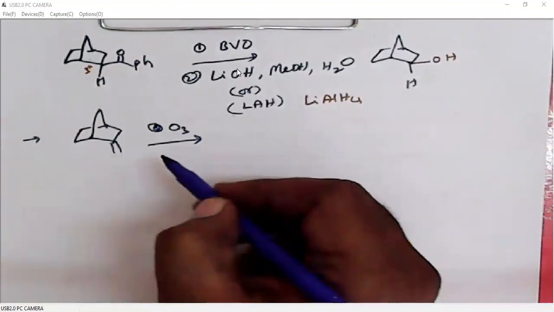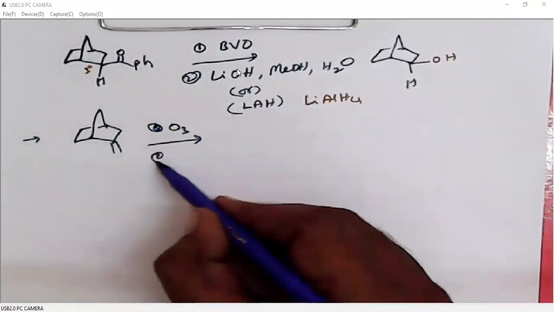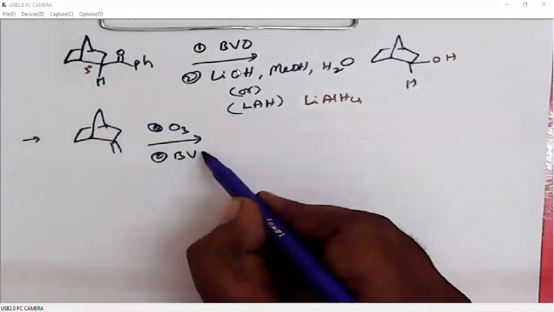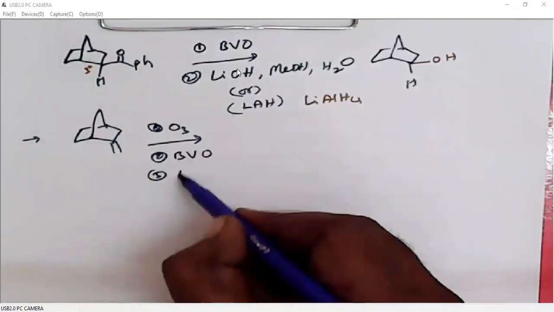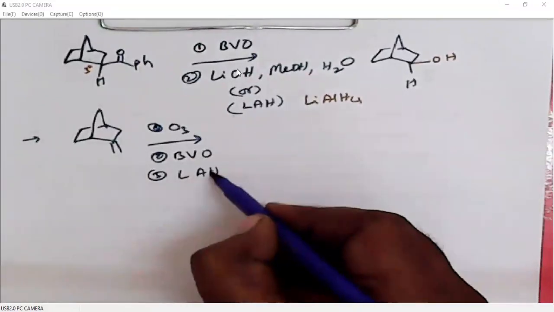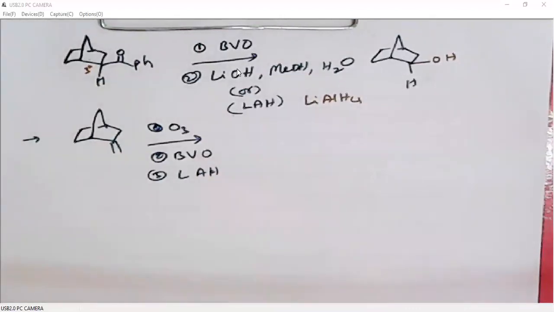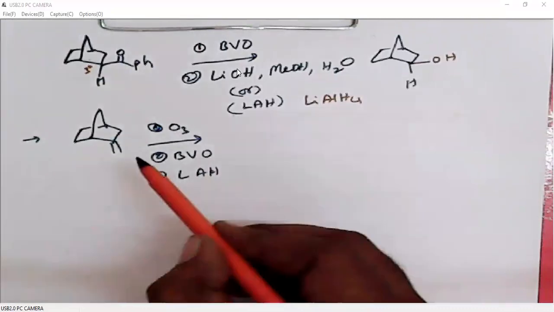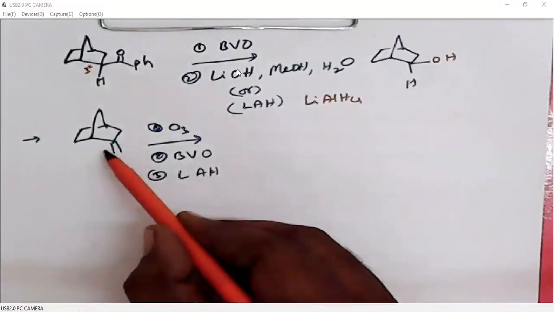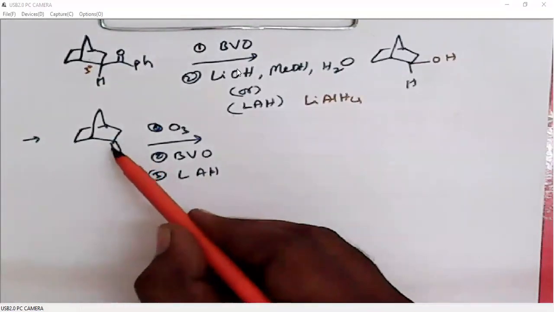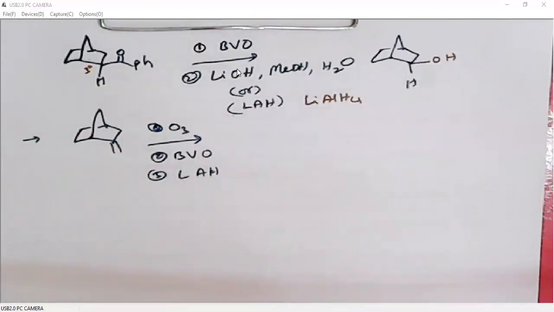So when we do ozonolysis on this alkene, followed by Baeyer-Villiger oxidation and then LAH reduction, what will be the product? What is ozonolysis? Ozonolysis is breaking a double bond. So one side we will have a carbonyl, other side also we will have a carbonyl.